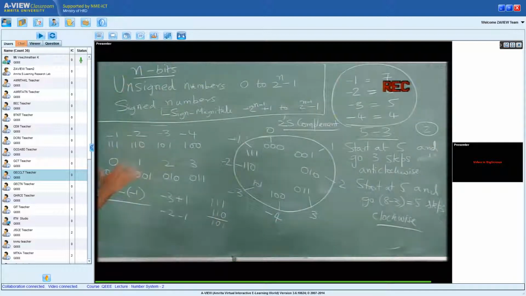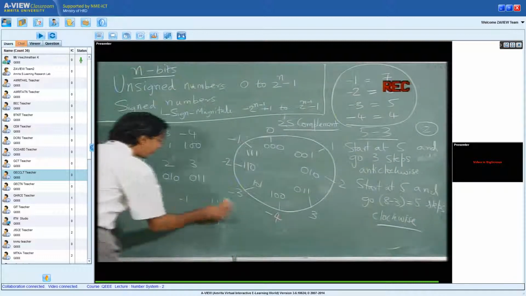So let us do a set of 3 to 4 additions here to basically explain this in more detail.